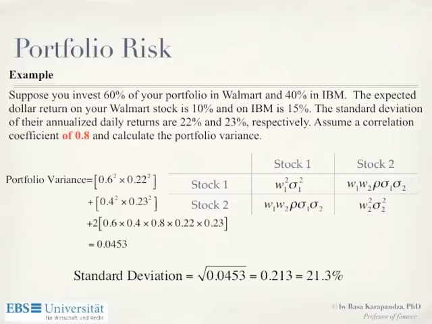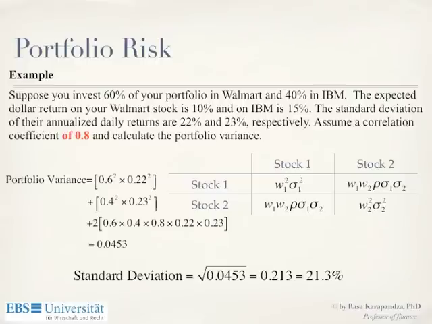What do we learn from this example? Observe the numbers. First, what is going to be the return of this portfolio? What we know for sure is, because 60% of your money grows at a rate of 10% and 40% of your money grows at a rate of 15%, that the return of this portfolio will be between 10 and 15%.